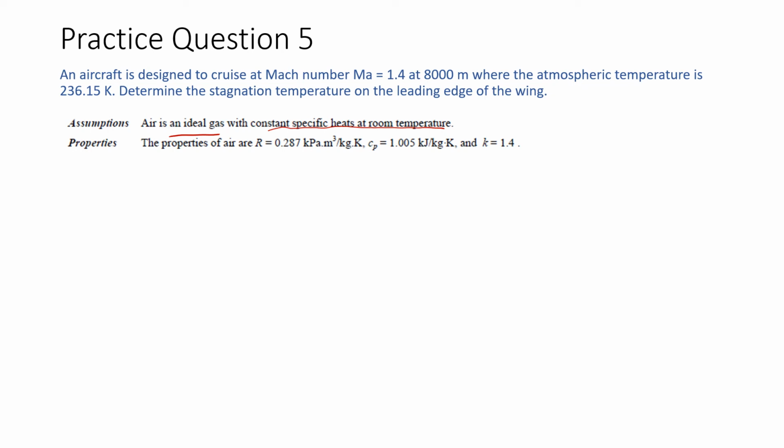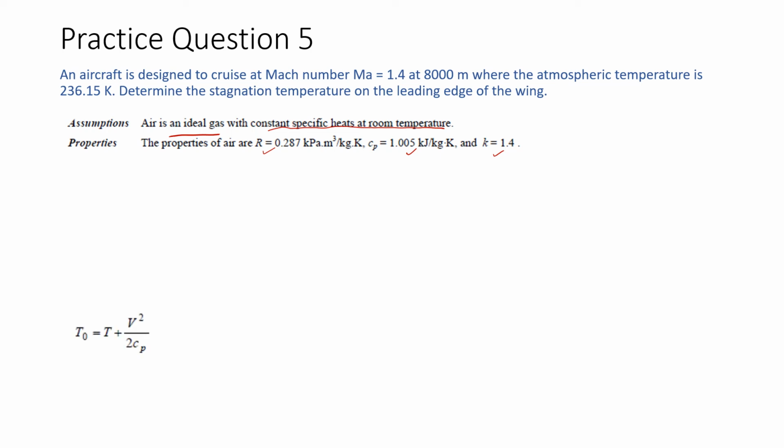So we would have to use the exact value if you want to be more accurate, but to keep it simple, we make this assumption. The aircraft is flying in air and it has this gas constant, Cp value and K from table A2. So you can pause and verify these values.